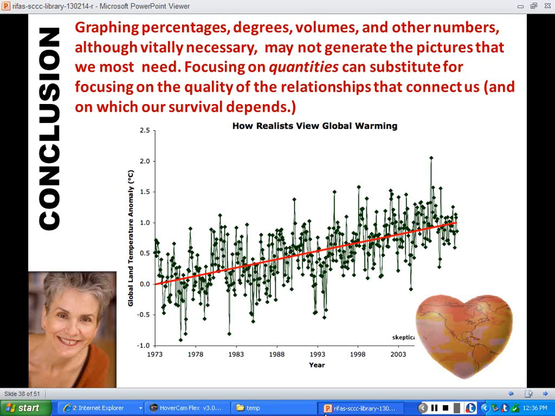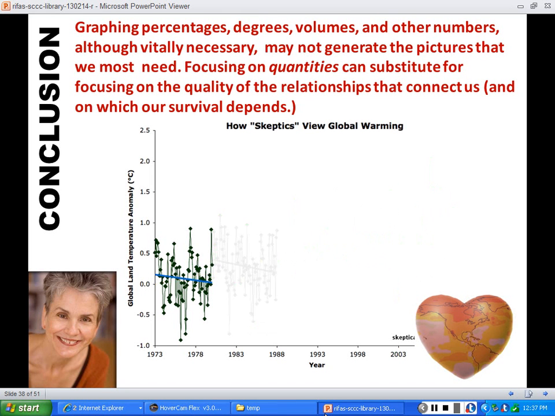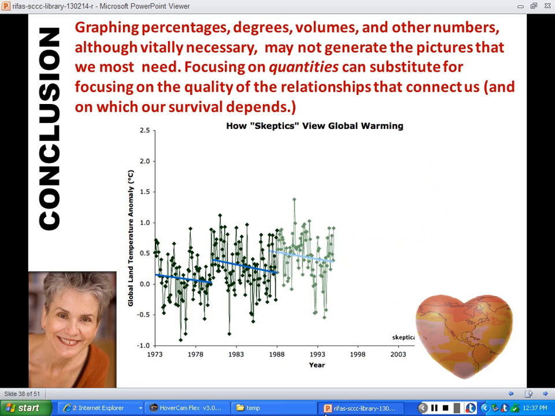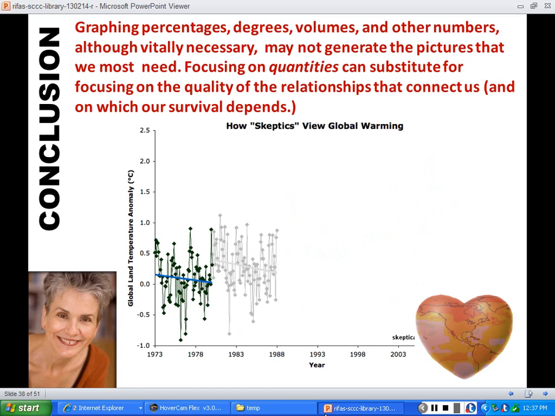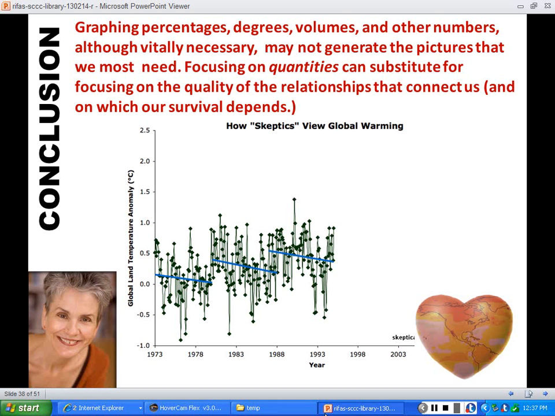Because if we focus on quantities, that can blind us to what we could be more profitably focusing on, which is the quality of our relationships, the relationships that connect us and on which our survival depends. Because a person could become a master at all these kinds of graphs and so forth, and that by itself is not going to make a difference in the world.